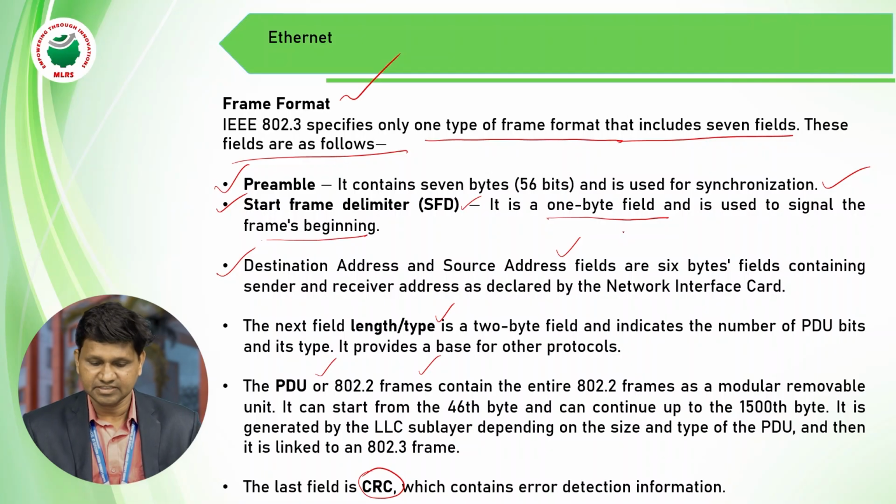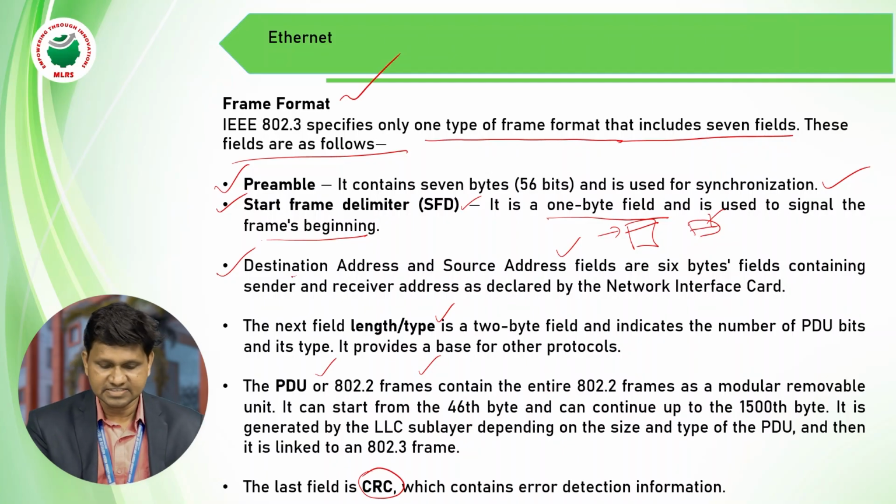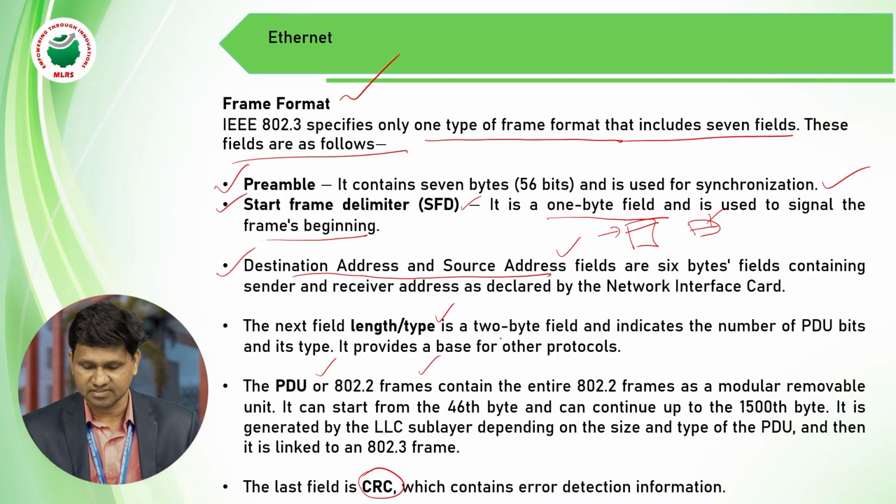As we discussed, if it is a frame, there must be one address for the sender and another address for the receiver. Based on that, we can retransmit or resend the data if any problem persists while transferring the data. Next, the destination address and source address fields are 6 bytes.